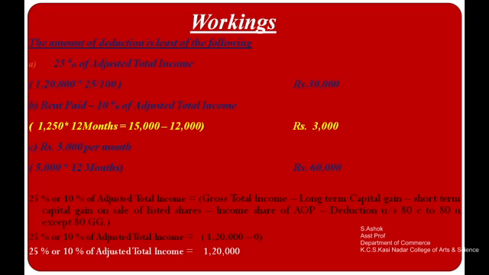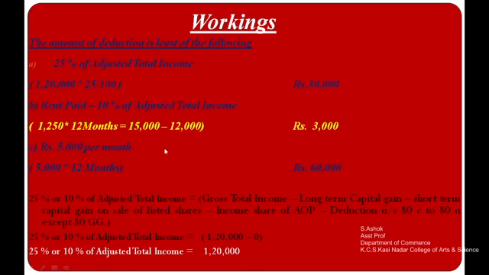A year is 12 months, so 1,250 into 12 months is equal to 15,000 paid as rent. Then minus 10% of adjusted total income. Adjusted total income is 1,20,000, and 10% of it is 12,000 rupees. So rent paid 15,000 minus 12,000 is equal to 3,000 rupees.